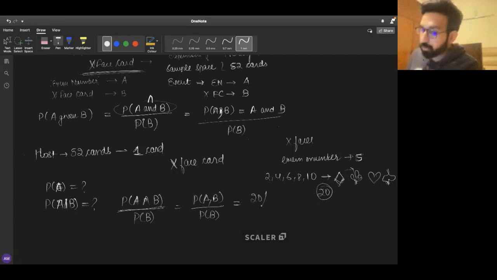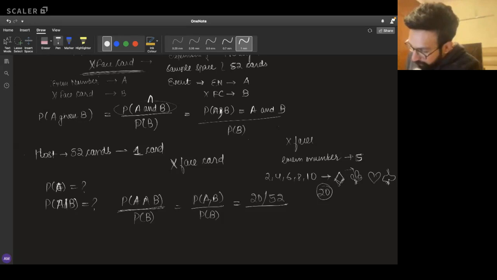And what was the sample space? Total sample space was 52. Now let's divide this by the probability of B. B is the event of not getting a face card. What are the face cards? We have Jack, Queen, and King, and we have this for 4 suits. So 3 4s are 12.